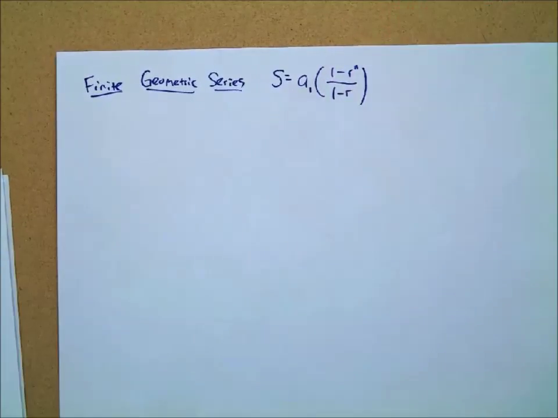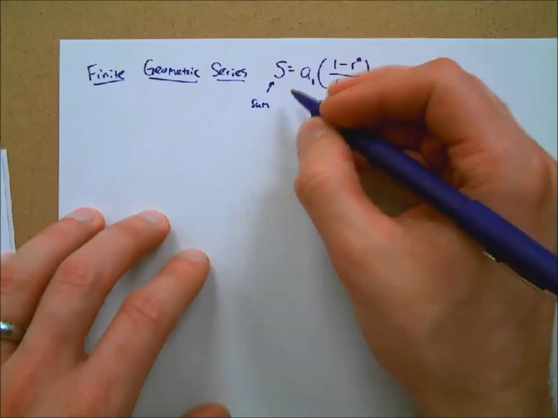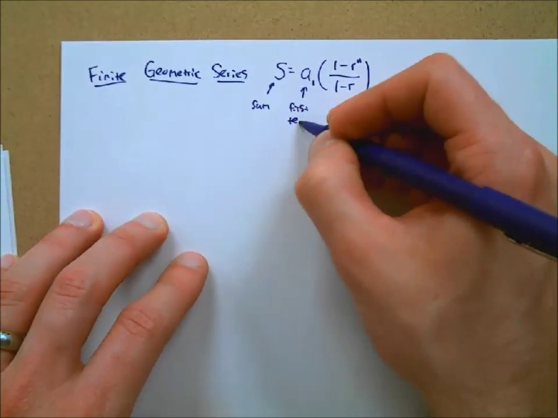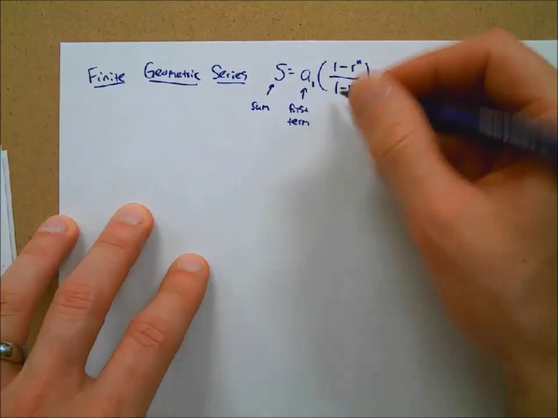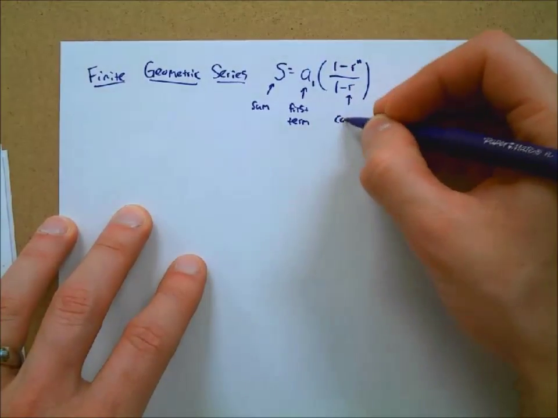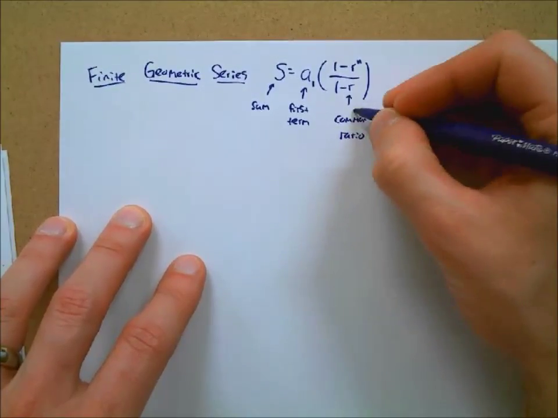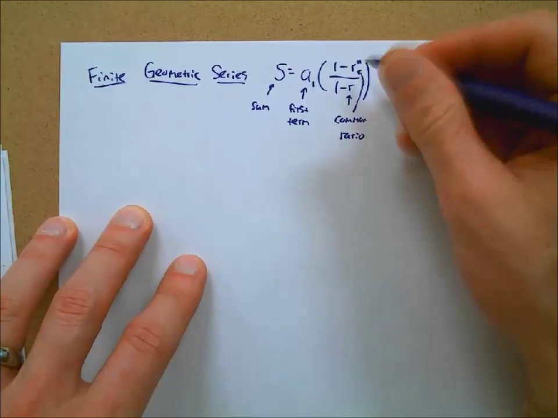Okay, that's our formula. The sum is equal to the first term, common ratio for r, of course, and then n is the number of terms.